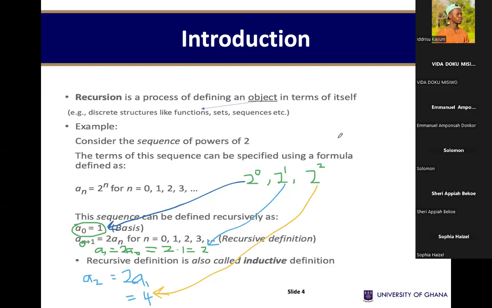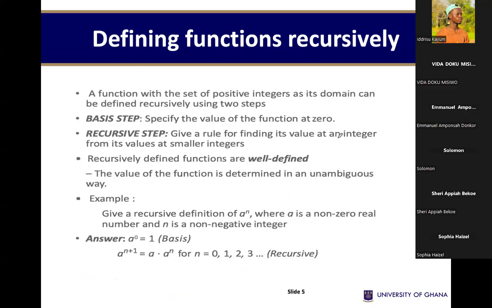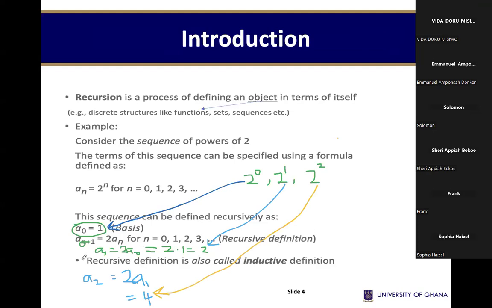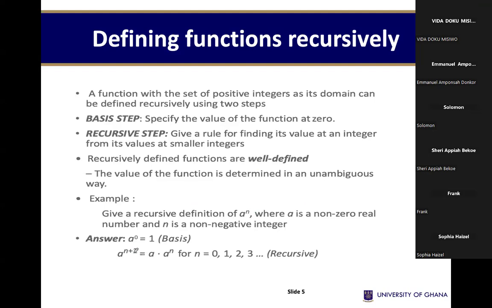So the next thing on the table has to do with what I just mentioned: how we can define functions recursively. The basis step specifies the function at 0, and the recursive step gives a rule for finding its value at an integer from its values at smaller integers.